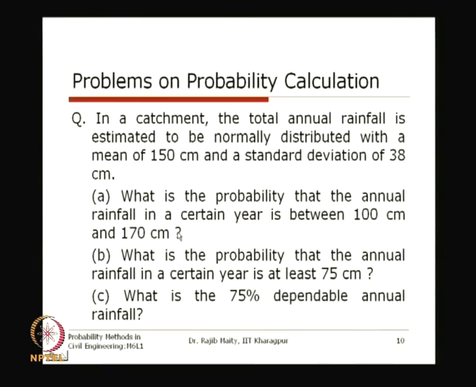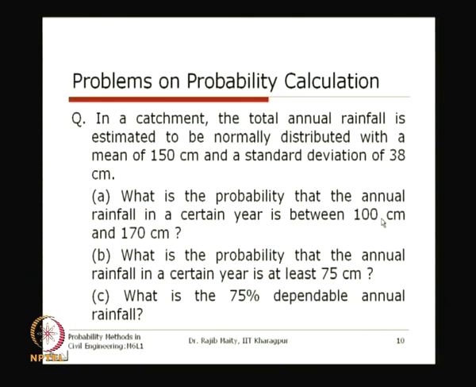All these answers are based on the assumption that the rainfall follows a certain probability distribution. So we first develop that probability model, and from whatever parameters we have estimated, we answer these questions in a probabilistic manner. We will take these problems one after another.